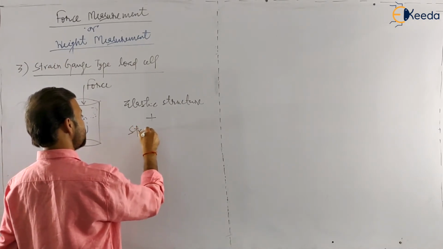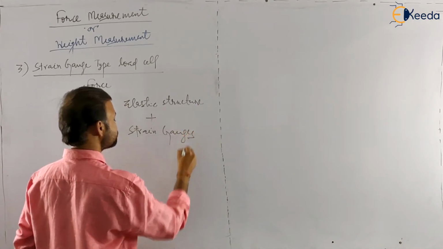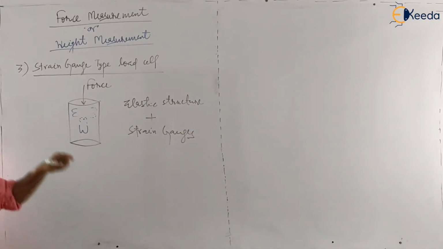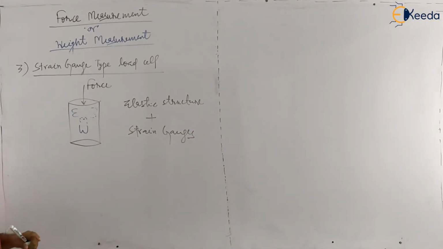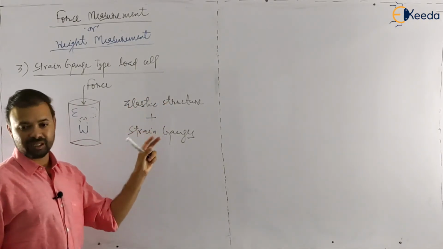So the strain gauge type of load cell consists of two components: the elastic structure and strain gauges.